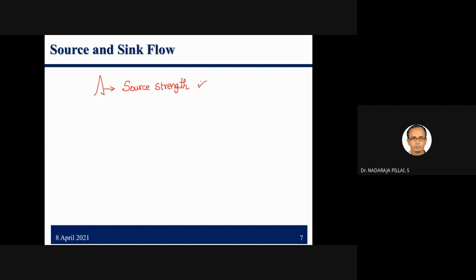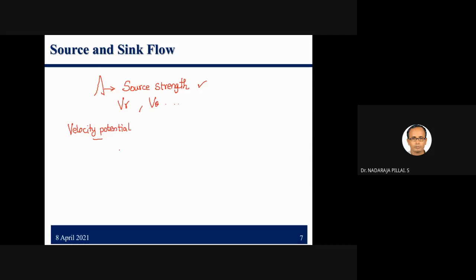So we have a source strength now. We have Vr and V theta. We have all, so now we can calculate as usual. We need to derive the stream function and the potential function. Let us start with the velocity potential. What is the equation for velocity potential?